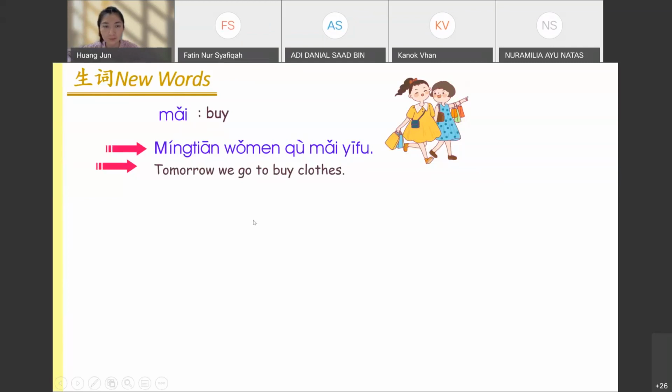Then in this sentence, if I ask a question to 我们, which question word will you use here? If I ask a question to 我们, which question word do you use?